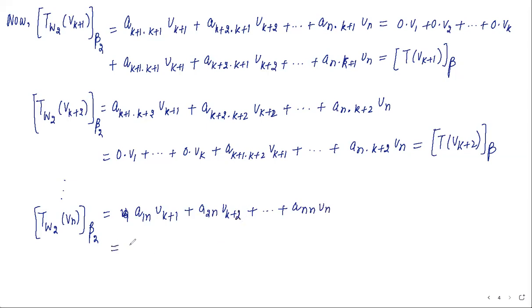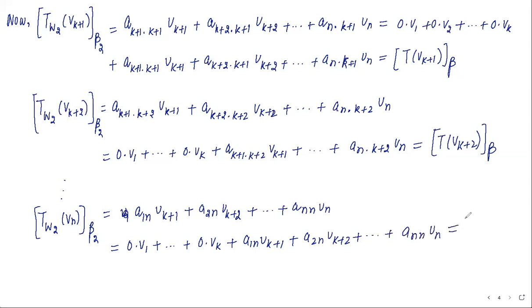But now this can also be written as 0 times v_1 plus so on 0 times v_k plus a_{1n} v_{k+1} plus a_{2n} v_{k+2} plus so on a_{nn} v_n.